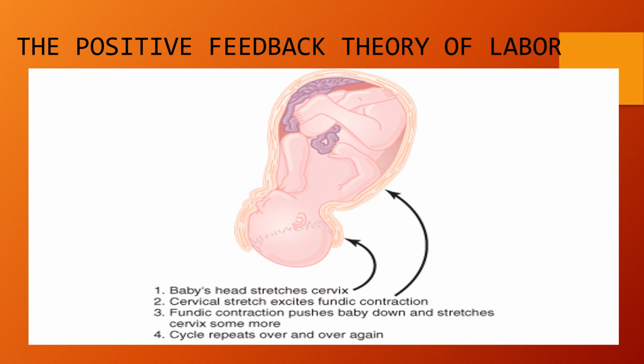So this is the positive feedback theory of labor. As the uterus contracts, it pushes the baby downwards, and it stretches and thins out the cervix. This is the cervix, and then the cervical stretch will excite further contraction and push the baby down and stretch the cervix some more.